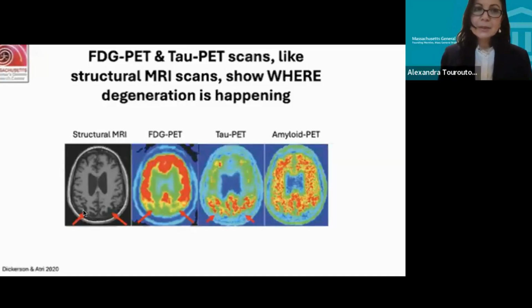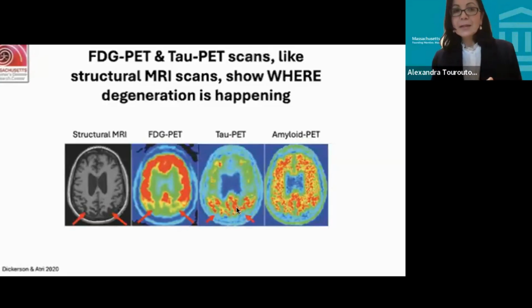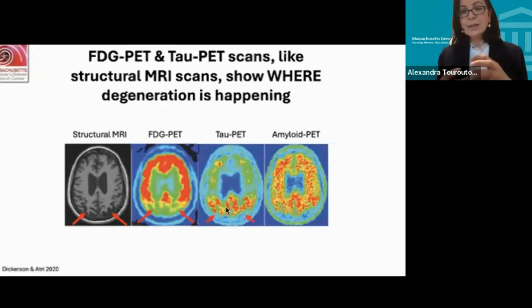Here, at the same areas where you see degeneration, shrinkage, atrophy in the brain, you see that there's not much metabolic activity. And then in the tau PET scan, you can see that these red areas are exactly the same areas where the shrinkage and hypometabolism are happening. You can see here that these are the tracers that go and bind to the toxic tau protein that we mentioned earlier. And then at the very end, here on the right, you see the amyloid PET scans.